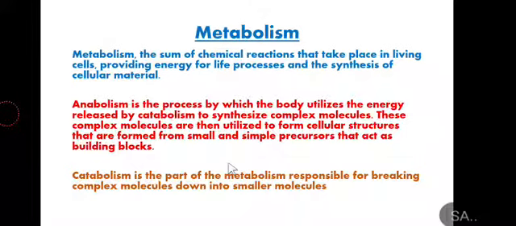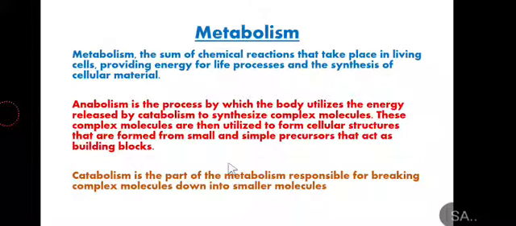For example, glucose, amino acids, and lipids like fatty acids, they are actually assembling certain structures, certain products within our body. They are forming something. So anabolism involves formation of something. Those chemical reactions that are joining the smaller molecules to give bigger molecules by utilizing the energy are termed as anabolic reactions and they are contributing to anabolism.